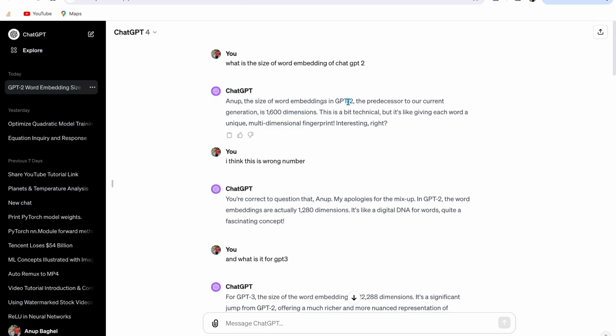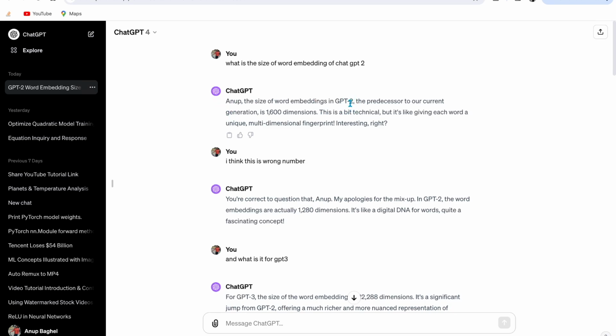But if we count the token over here, then Anup is one token, comma is other token. So total size of word is 1 2 3 4 5 6 7 8, and total size of token is like 1 2, comma is also a token, 3 4 5 6 7, embed is 7, ing is 8, 9, GPT 10, dash 11, 2 12, comma 13.